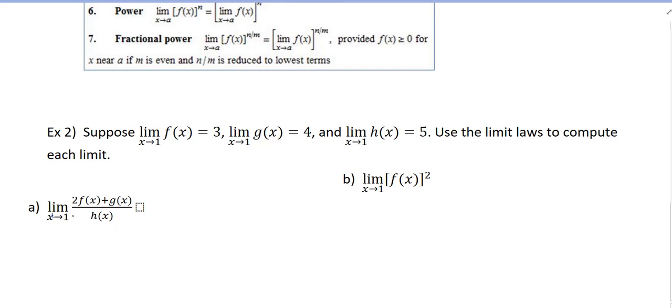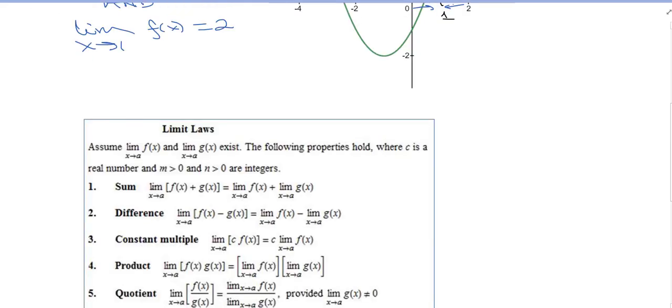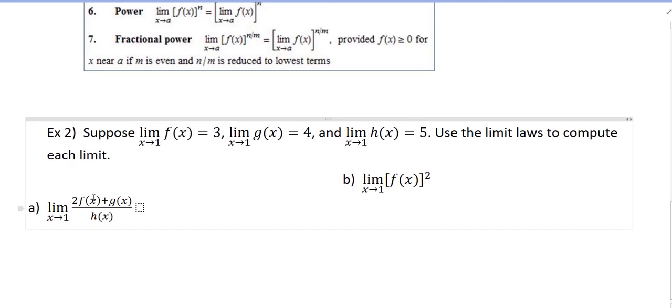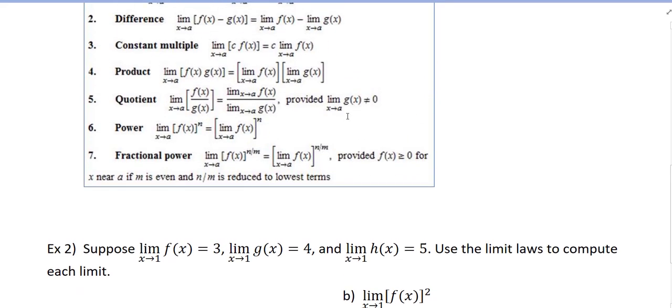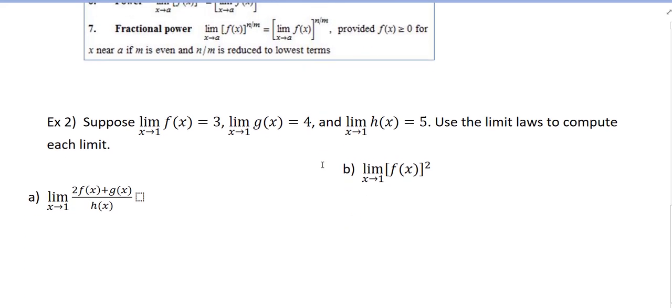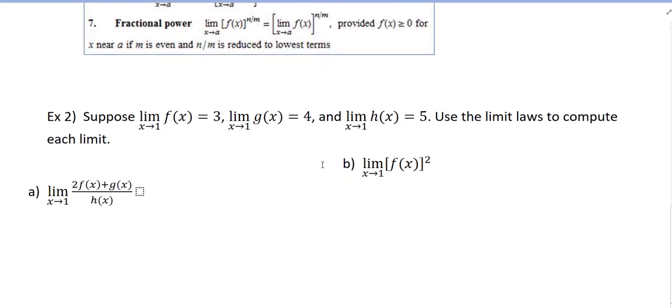So here it looks like we can use a combination of a lot of them. We can use the constant law, the sum, and then the quotient. Now for the quotient, it's really important that the limit is not equal to 0. And we'll talk about what we do when it is 0. But right now, let's consider this.